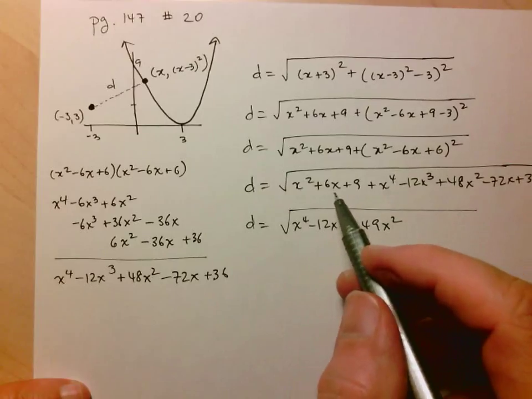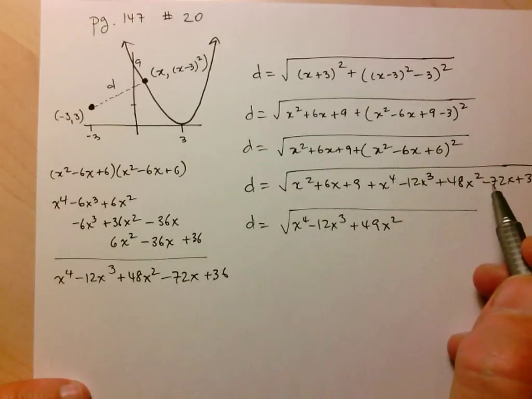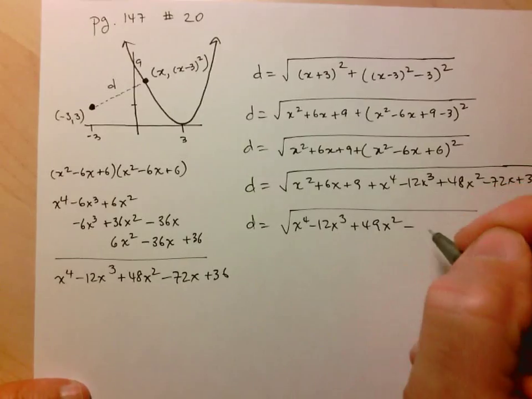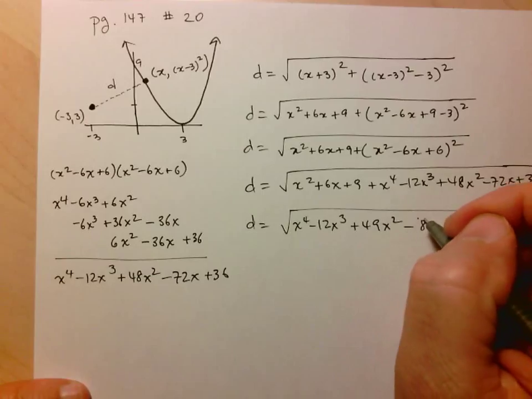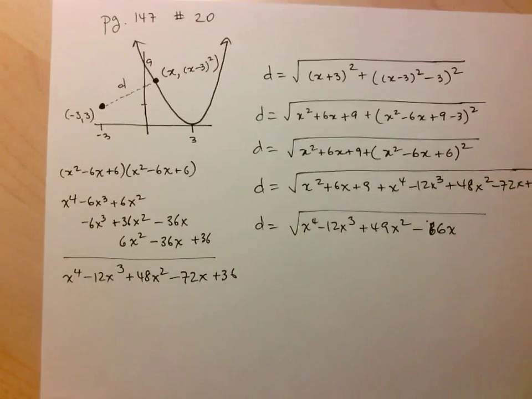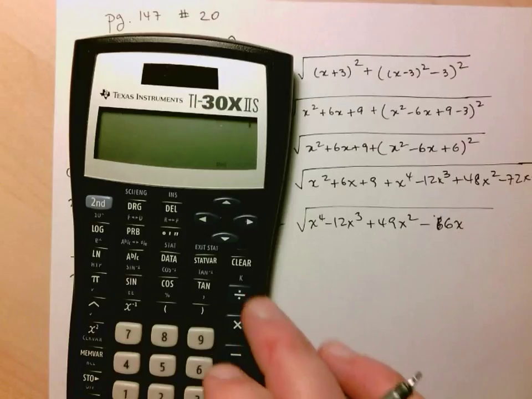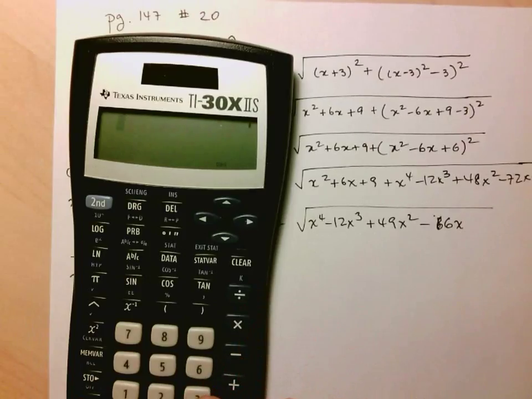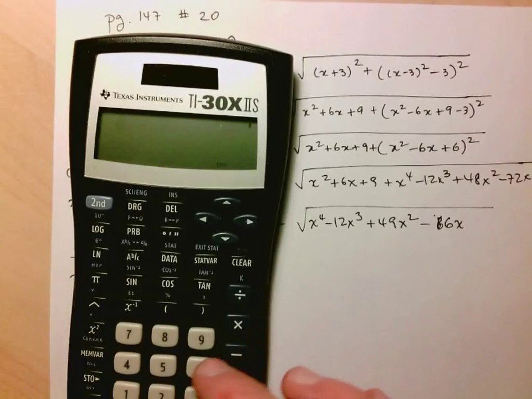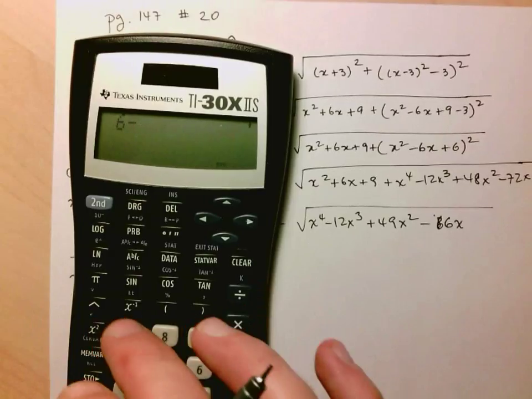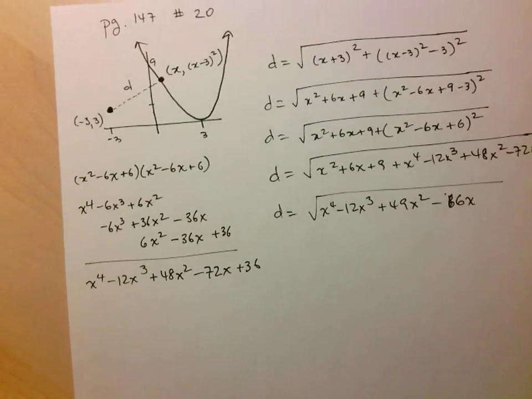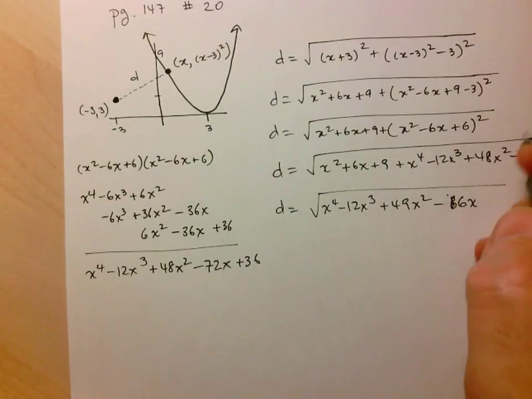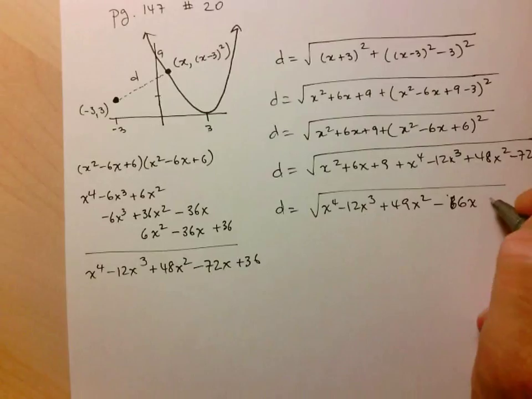Then we've got 6x minus 72x, so that is minus 66x. I just want to make sure I don't make a mistake here. Yes, minus 66x. And 9 plus 36 is 45.